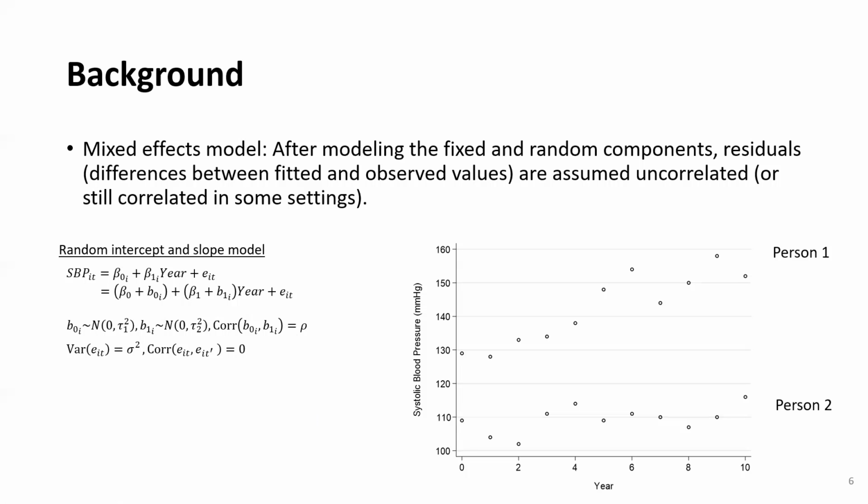With this model, we get the model for the overall mean, which is given by this equation. Mean systolic blood pressure overall at time t is given by beta naught plus beta 1 times year.